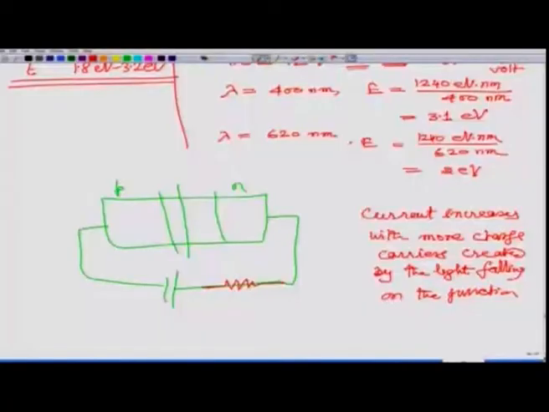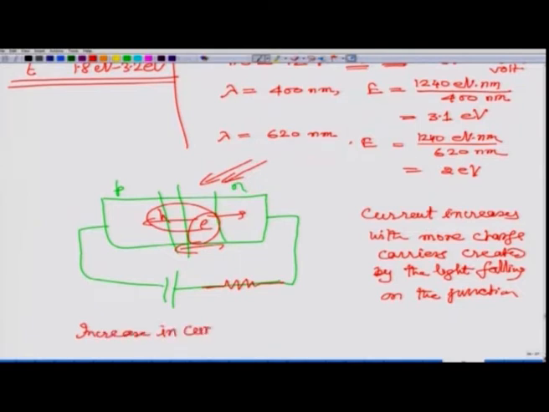So, the current in that case, if you shine light here on this depletion region and you create new carriers in reverse bias, the electric field is there and that electric field takes the electrons to this side and the holes to this side, and new electron hole pairs are being created, current increases. So, this increase in current is proportional almost to the intensity of light.